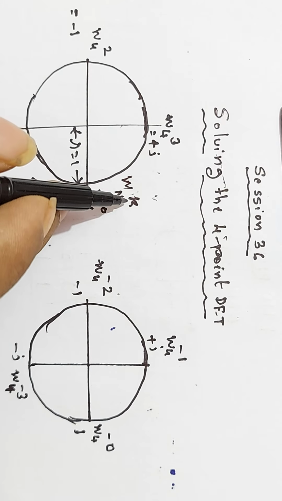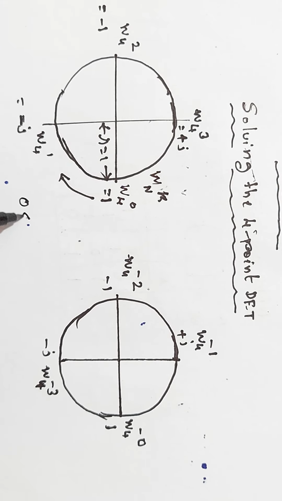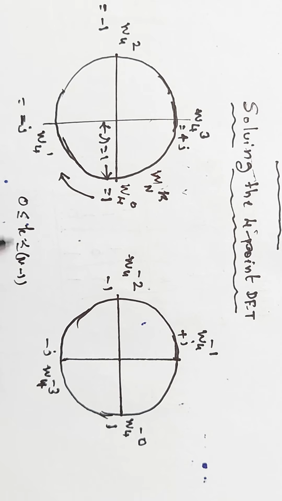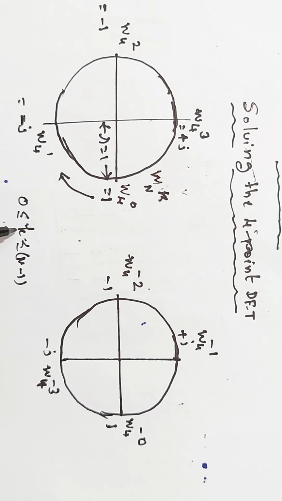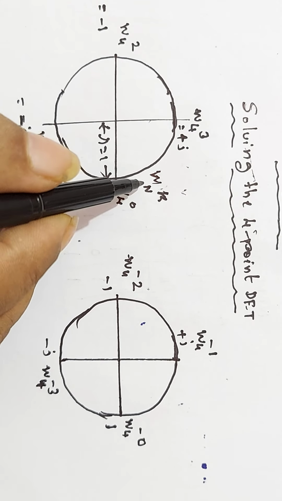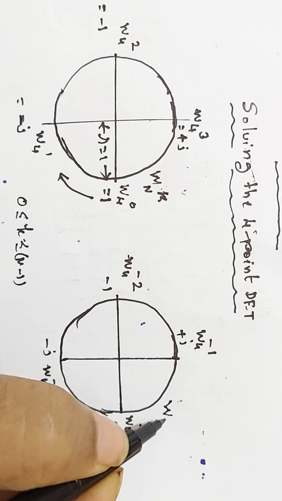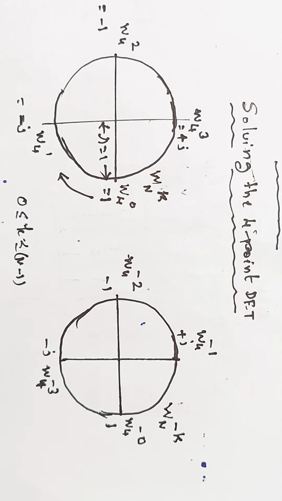Therefore, k can be given as 0 less than or equal to k less than or equal to N minus 1. Including 0, there are N number of points. This is the positive DFT point, W_N^k. The negative one is represented by W_N^(-k).